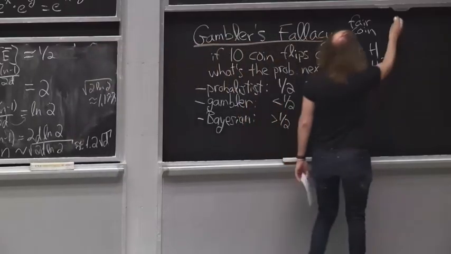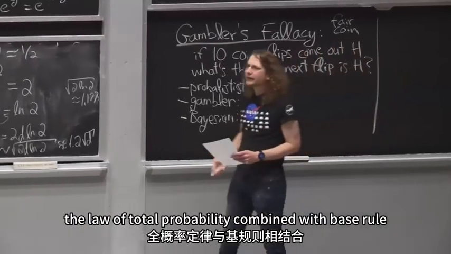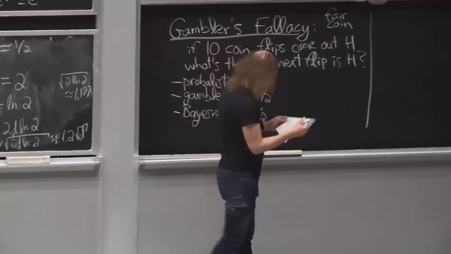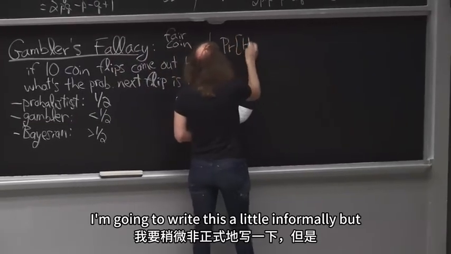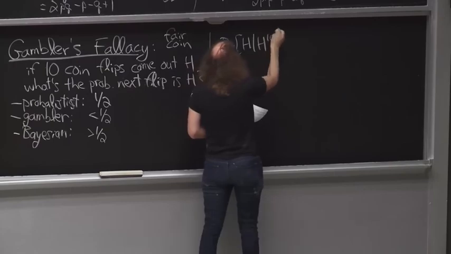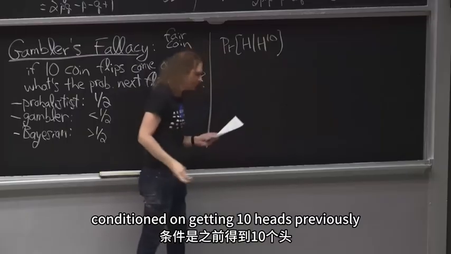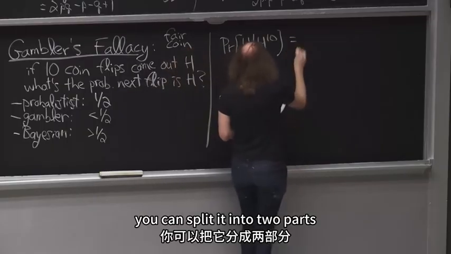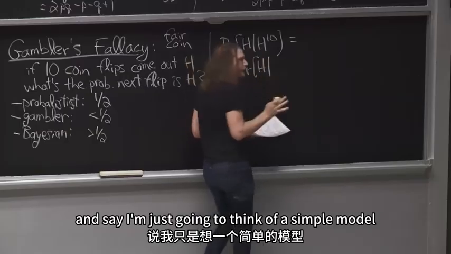So you can formalize this a little bit using the law of total probability combined with Bayes' rule in the following way. I'm going to write this a little informally, but the probability of a head conditioned on getting 10 heads previously, you can split it into 2 parts. I'm just going to think of a simple model.